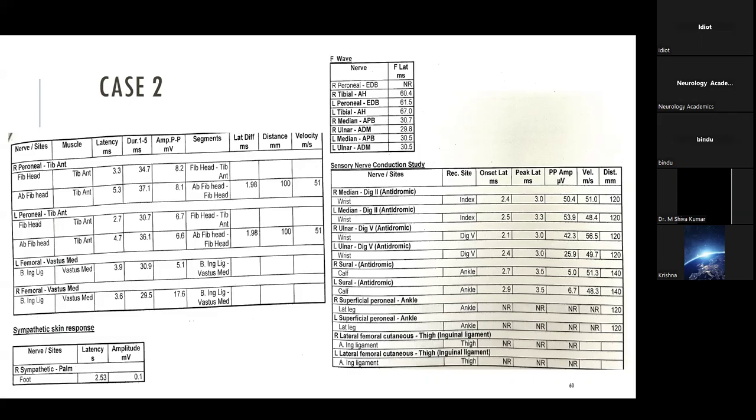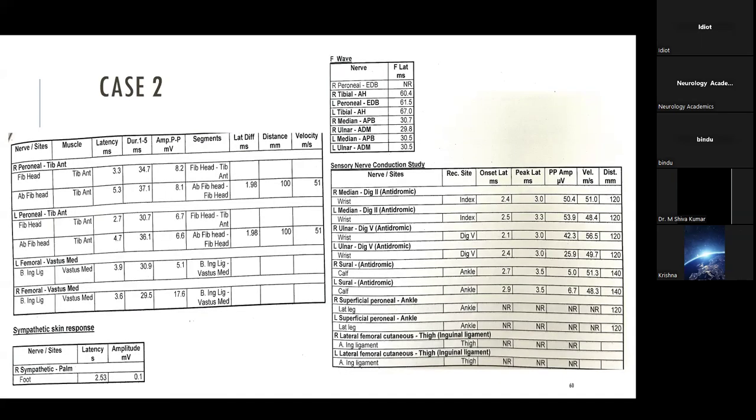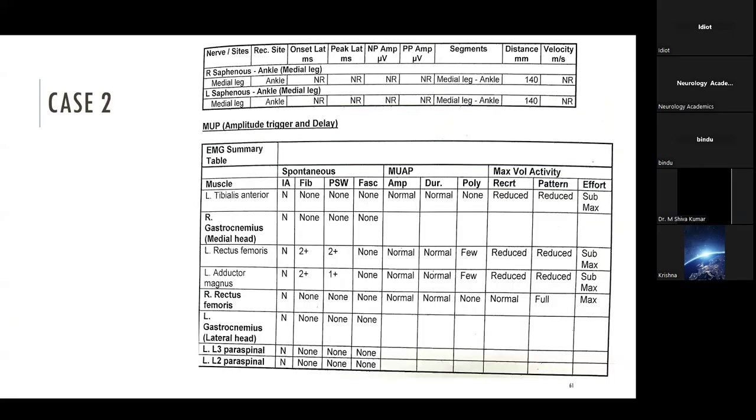Bilateral sural is also affected. So in the lower limb, bilateral sural, superficial peroneal, as well as lateral femoral cutaneous are affected. Saphenous is also absent.